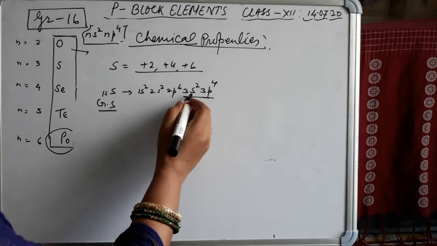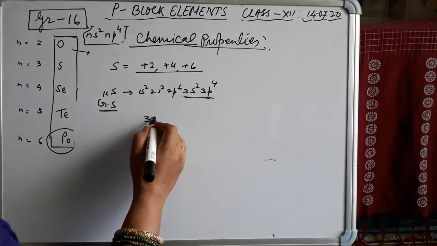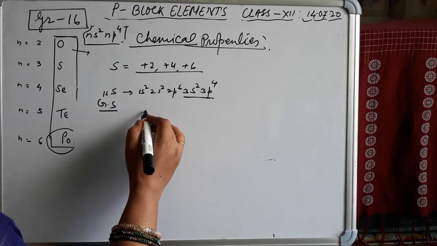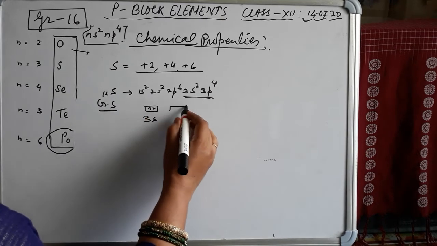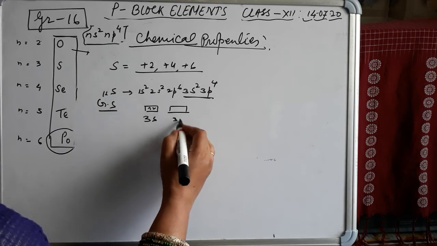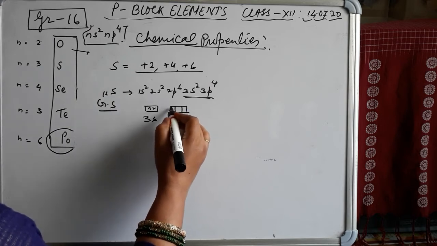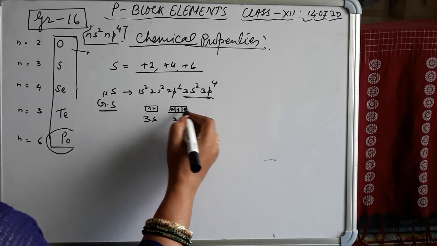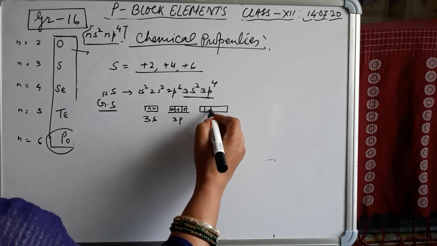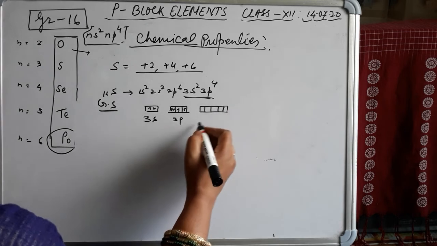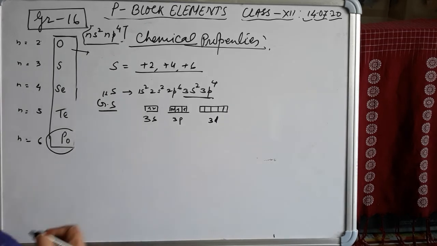So students, let's discuss 3s, in which 2 electrons are present, and 3p, in which 4 electrons are present, and they have vacant d orbitals, 1, 2, 3, 4 and 5. 3d is the vacant orbital.